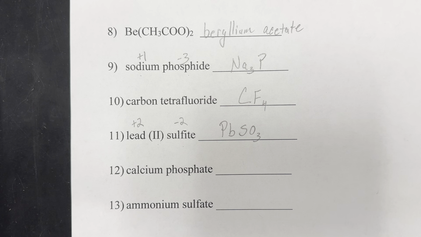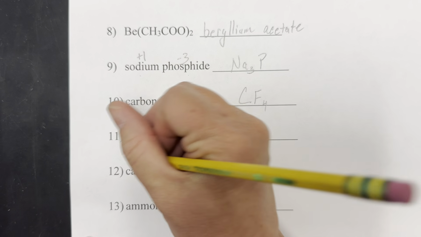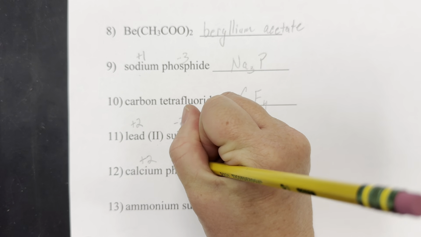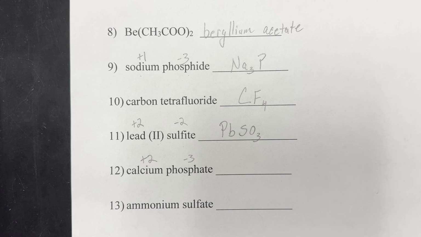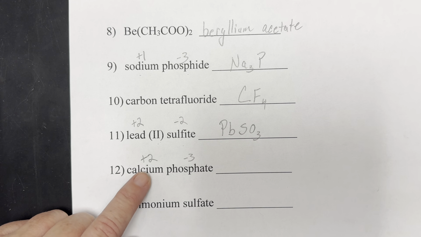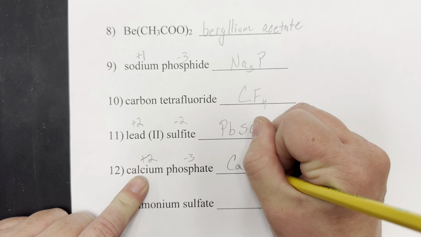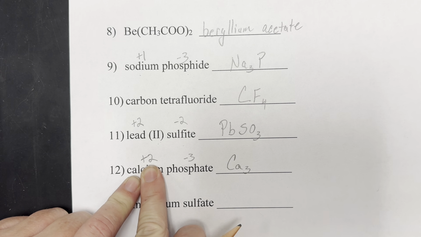Next up is calcium phosphate. Calcium is in group 2, so it is +2. Phosphate is a polyatomic ion that has a charge of -3. They need to come together. 2 and 3, the least common multiple is 6. So you're going to say to yourself, how many calciums do I need to get to be +6? All right, so I need 3 of those, because 3 times +2 is +6.